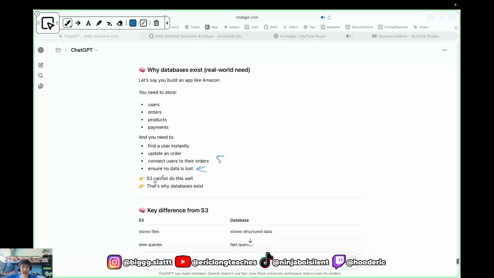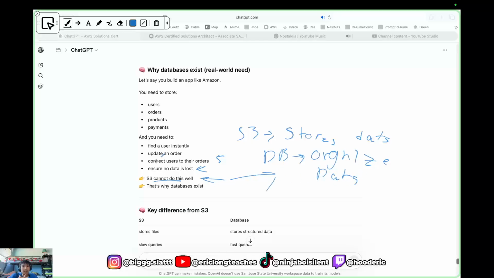S3 cannot do this well, so that's why we have databases. S3 kind of just stores data, and databases organize that data. Right? So it kind of helps you out.